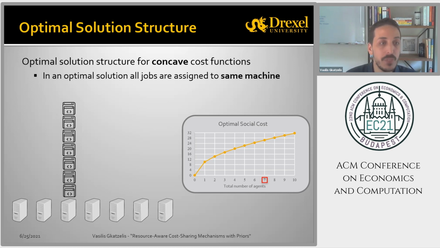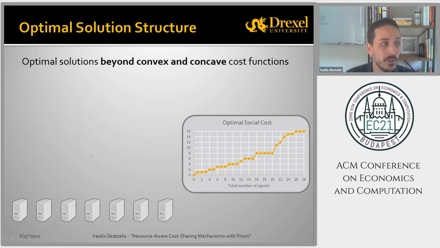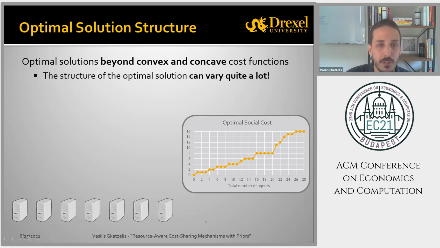So these were the easy cases. This is why previous results managed to work. However, the moment you go beyond convex and concave cost functions, we see here that we get an optimal cost function, as a function of the number of agents, that is more complicated. The optimal solution can vary quite a lot. Depending on the number of people participating, the structure can change dramatically from round to round.